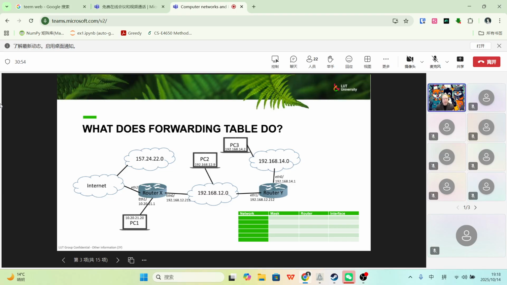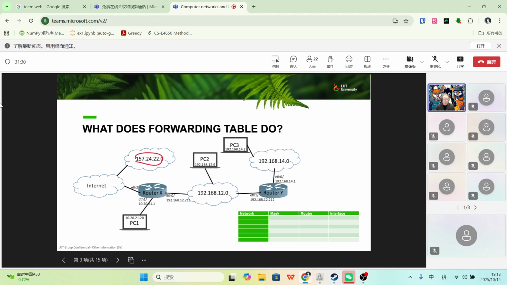When we are sending a data packet from our computer, for example, we have to know where it is going. It is an IP packet which we are sending out, and there is an IP address of the destination. The destination might be 157.24.22 something, or it might be in this network here.